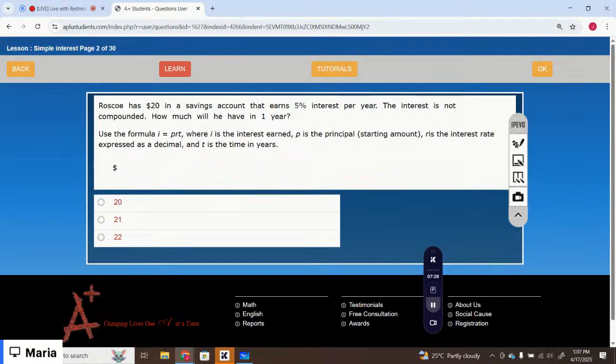So Roscoe has $20 in a savings account that earns 5% interest per year. The interest is not compounded. How much will he have in 1 year?